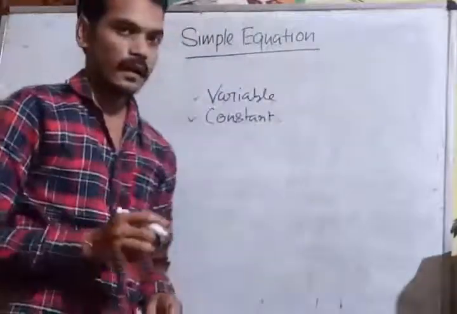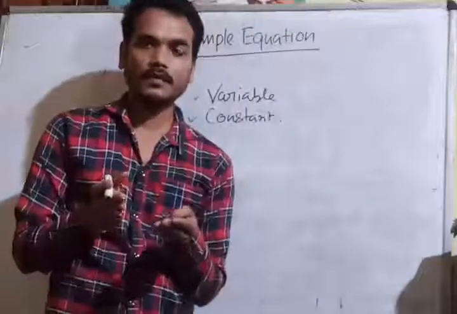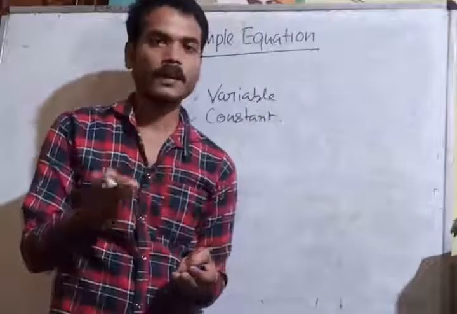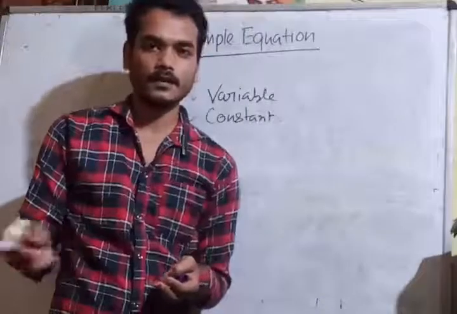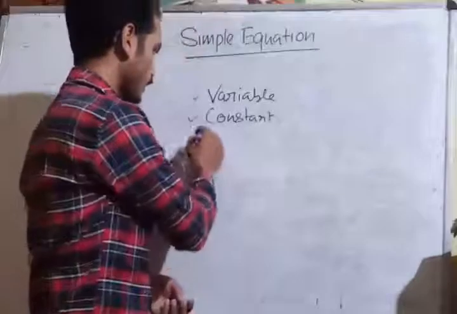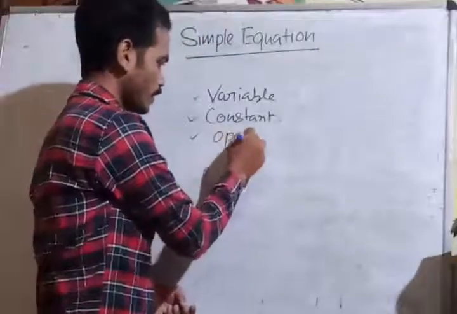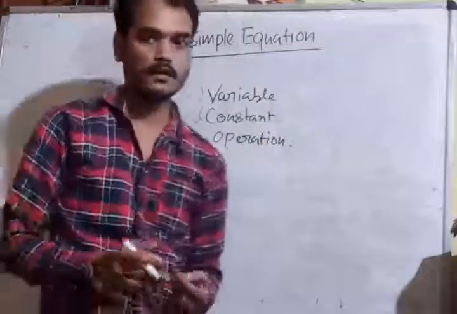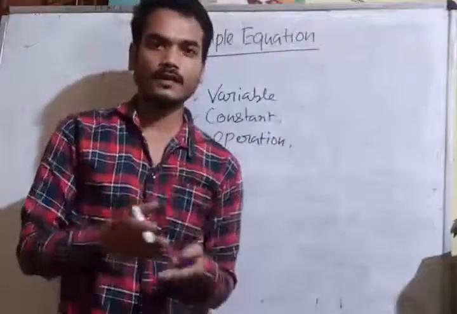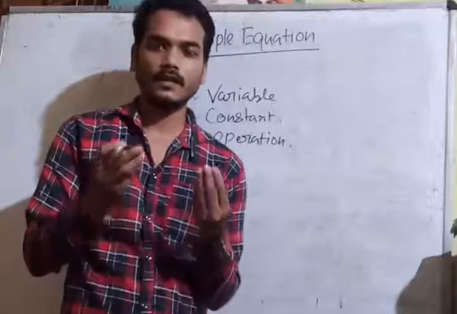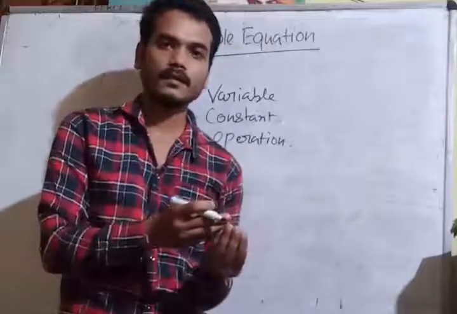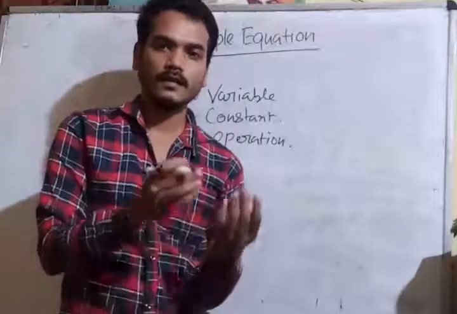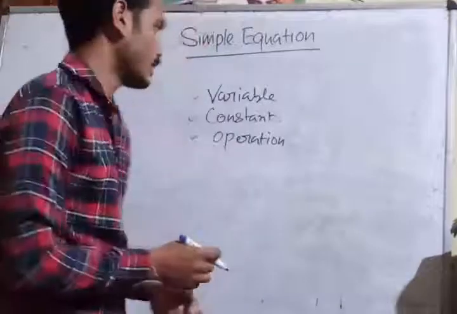In mathematics we have four kinds of operation: plus, minus, multiplication, division. So by using all these three things, when you form some expression, this is called the expression.